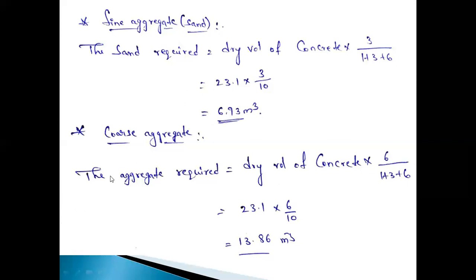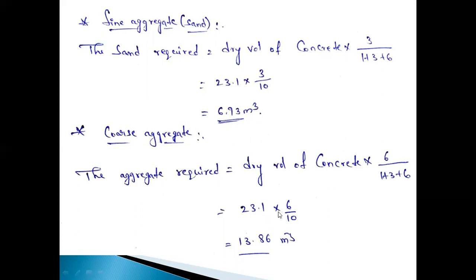Next one, coarse aggregate requirement. The aggregate required equals dry volume of concrete multiplied with coarse aggregate proportion divided by 1 plus 3 plus 6, equal to 23.1 multiplied by 6 divided by 10. 10 means the mix proportion 1 plus 3 plus 6.